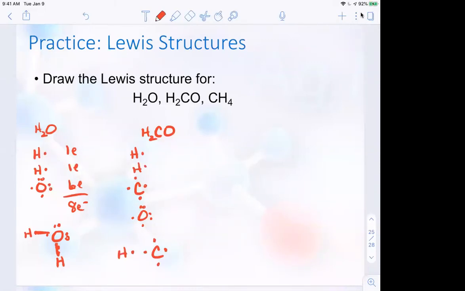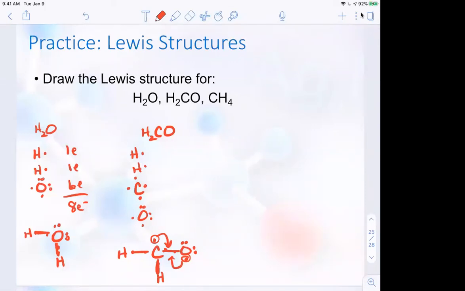I'm going to put hydrogens on one side, and I'm going to put oxygen on the other side of the carbon. I'm going to connect the dots and realize I still have these 2 electrons. Well, I can put those into a double bond in order to give oxygen and the carbon an octet.